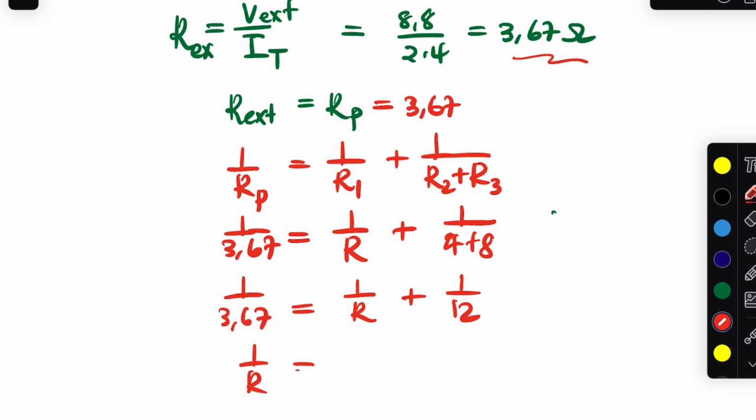So 1 over R is equal to 1 over 3.67 minus 1 over 12.